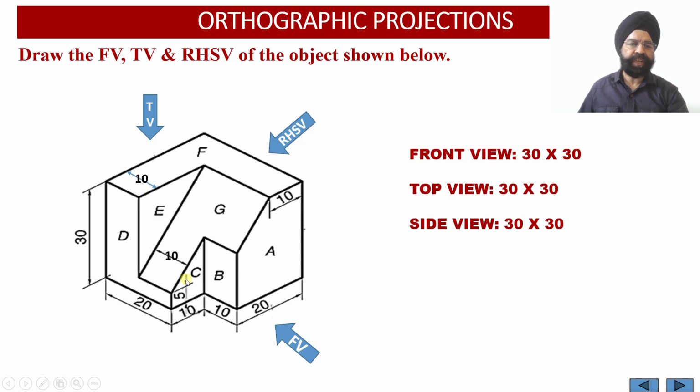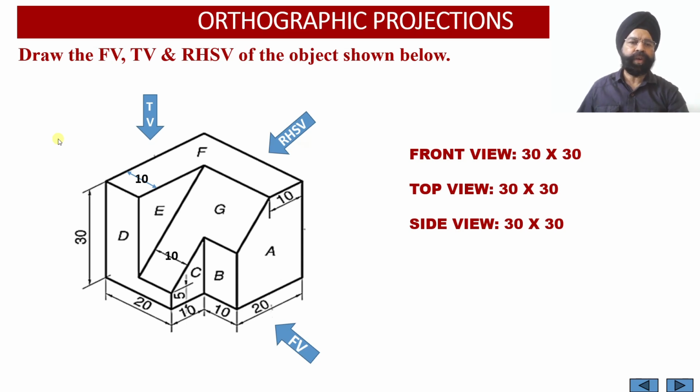These are the three surfaces A, C and E, and since all these three surfaces are parallel to the vertical plane, the projections of the surfaces A, C and E, as obtained on the vertical plane in the front view, will appear as true shapes of these surfaces.